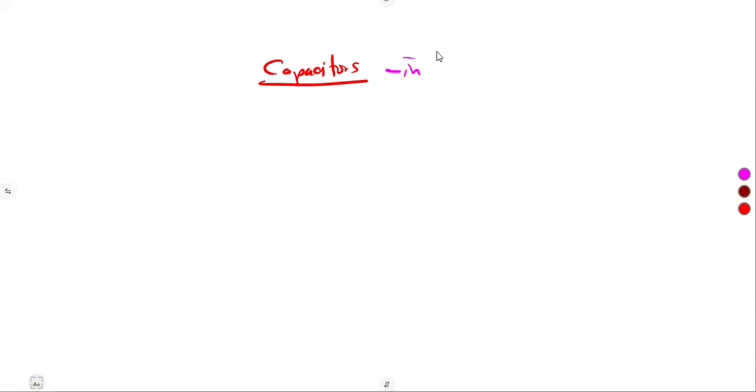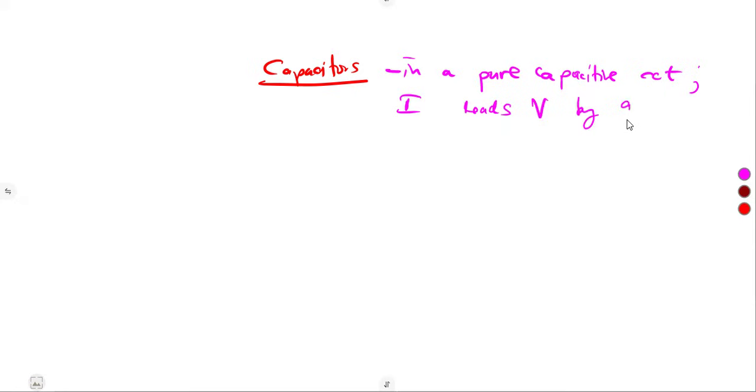So in a pure capacitive circuit, we are going to notice that current leads voltage by what? 90 degrees. That's the most important part.